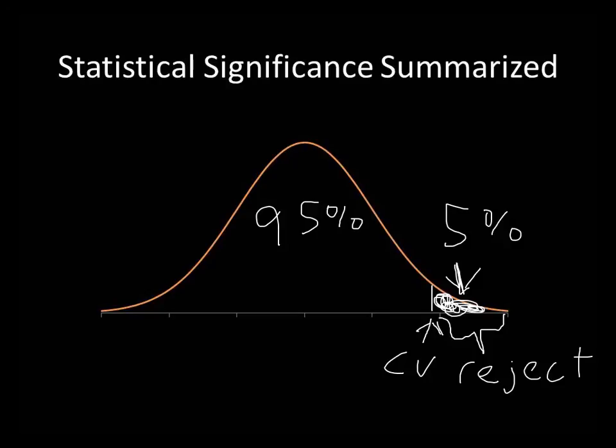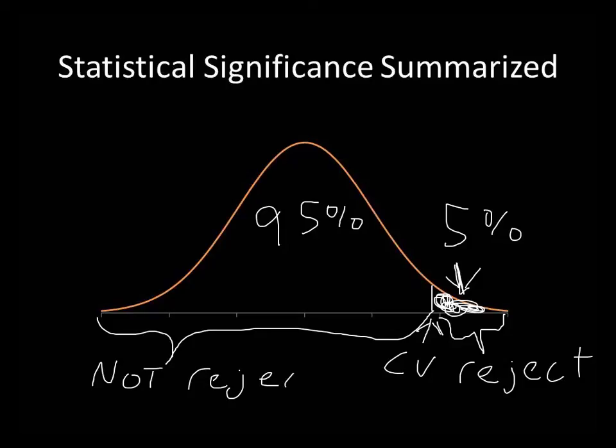In the opposite situation, if we got a test statistic value that fell below, that did not exceed the critical value, then we would not reject the null hypothesis because it just wasn't big enough. It could have occurred due to chance.